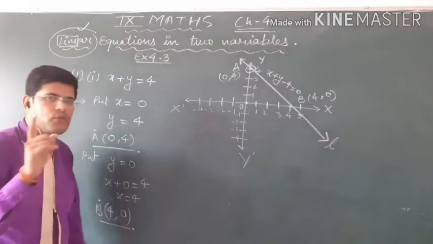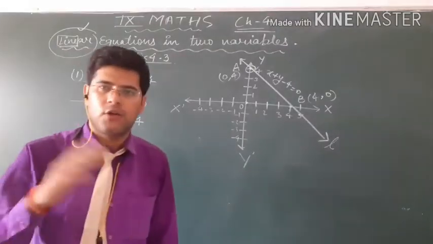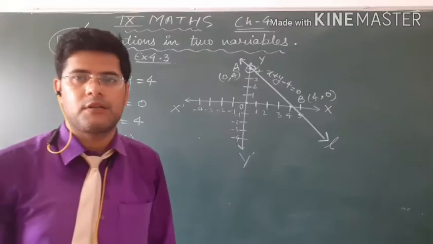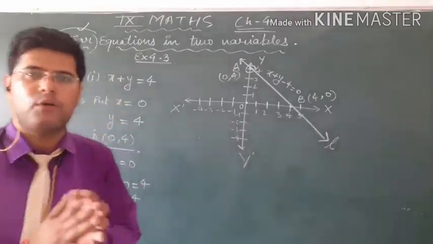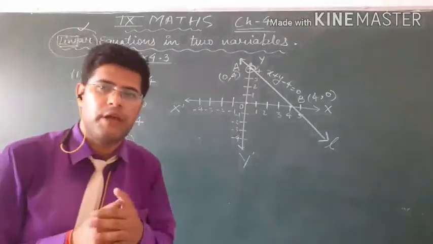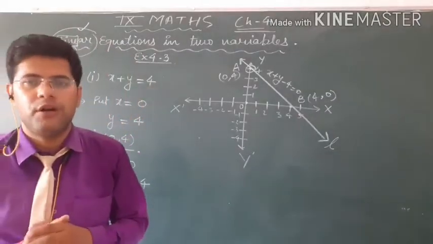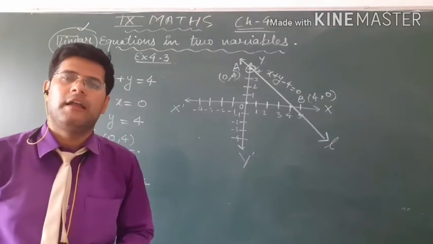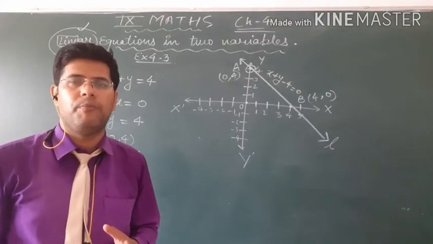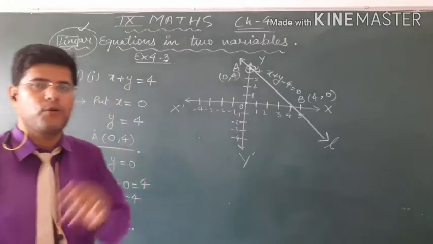Only one math notebook is required, because after completing chapter 3, many phone calls came to me and they inquired about how many copies we have to make. So according to me, only one copy you have to make for the future chapters. In any chapter we are going to manage with only one copy, one notebook.